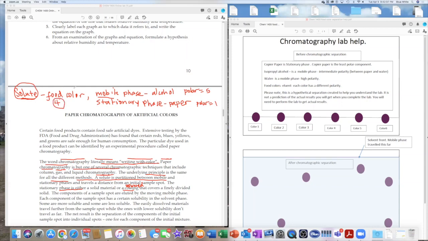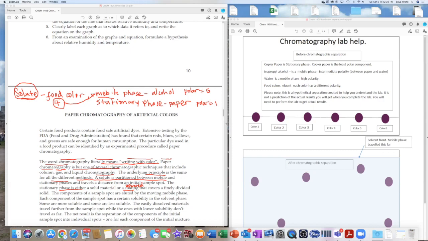If your food color has a polarity that's a lot closer to the mobile phase, it tends to move with the mobile phase. It tends to be drawn more to this mobile phase because their polarities are more similar. 4 is a lot closer to 5 than it is to 1.